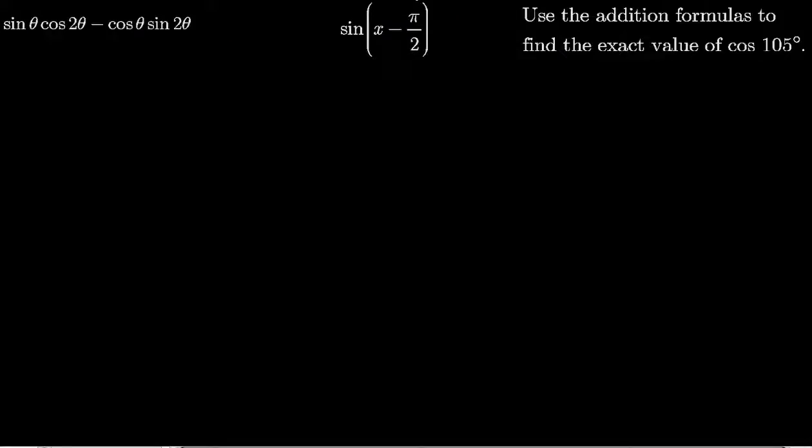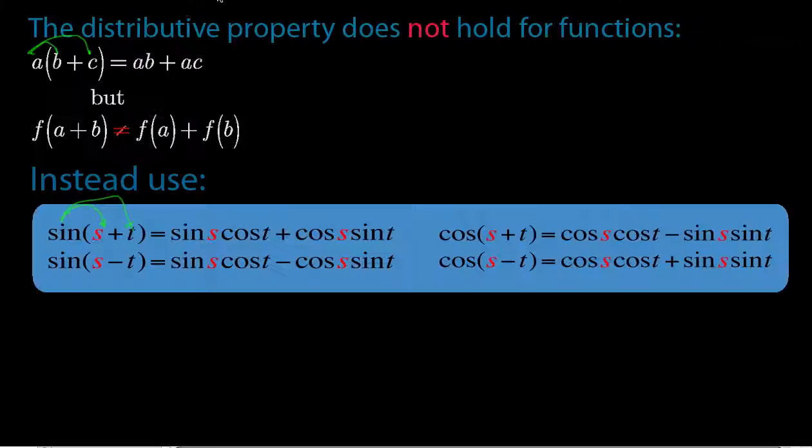So moving on to the examples, the first thing we can look at is the question that says simplify sine theta cosine 2 theta minus cosine theta sine 2 theta. And while we might think that cosine 2 theta is where we're going to start, actually this looks more like the right side of one of the formulas. If we go back and look at the formulas, anytime I see sine, cosine, minus cosine, sine, I'm going to think of sine of s minus t.